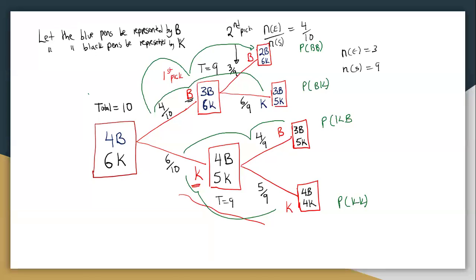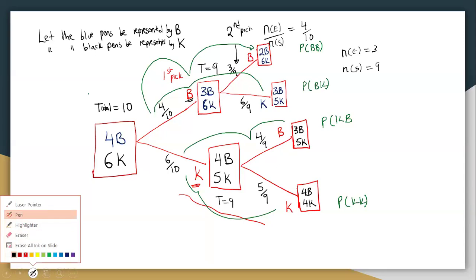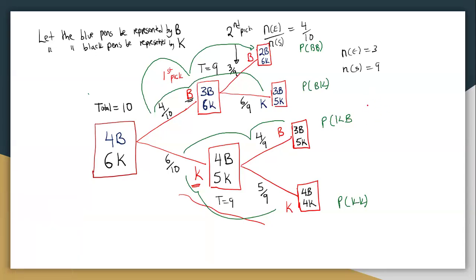Which probability do you think they want? Joan is saying KK, Shekaina is saying KK. Very good. So they want us to find probability of K and K. Very good. So I'm going to come here and I say probability of K and K.